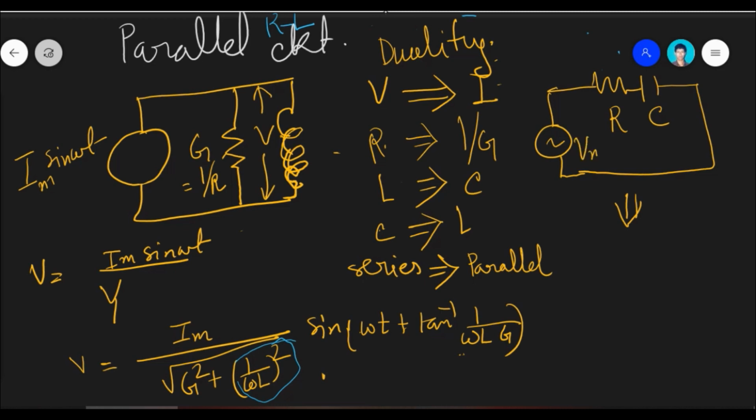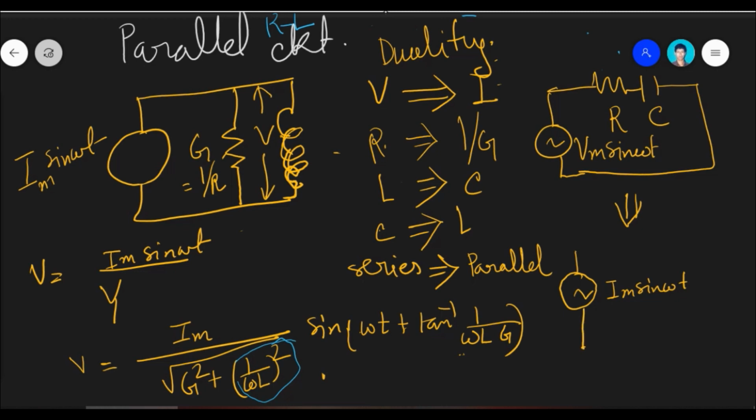So first of all, this Vm sin omega t, I must replace by a constant current source Im sin omega t.